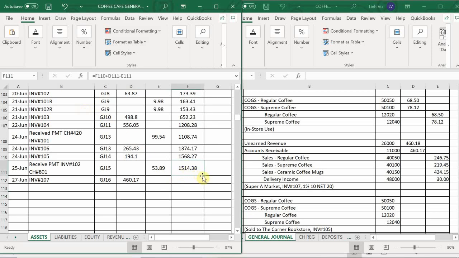And that brings our total to 1974.55. Good, 1974.55 is correct.